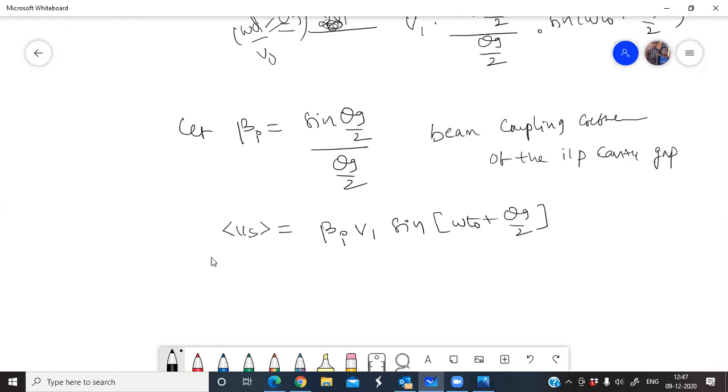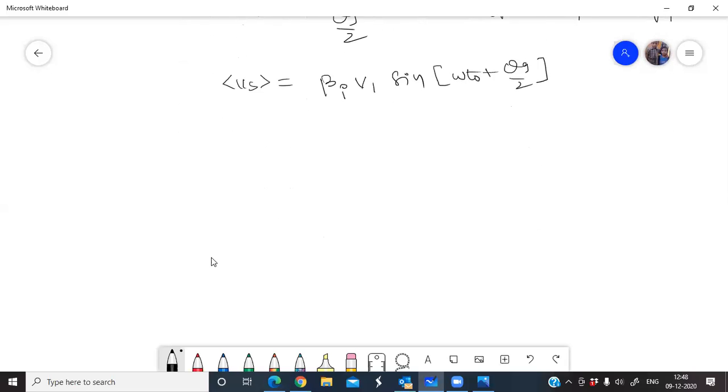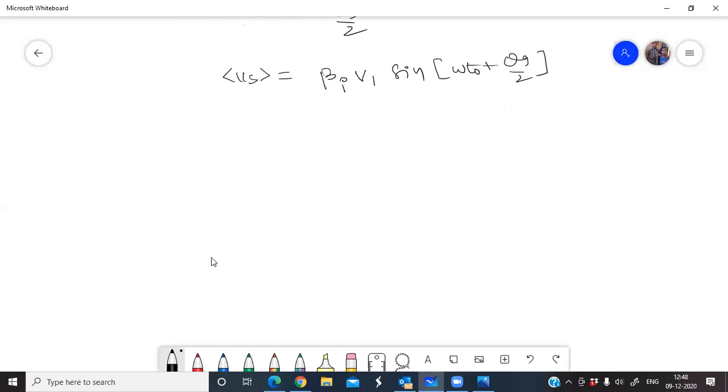Up to now I have been talking about the inside of the buncher cavity. Now I want to go to the electrons leaving the buncher cavity, that's why exit velocity at buncher cavity. When you go for the exit velocity, the RF signal also comes into the picture, because within the buncher cavity only the velocity modulation process occurs.